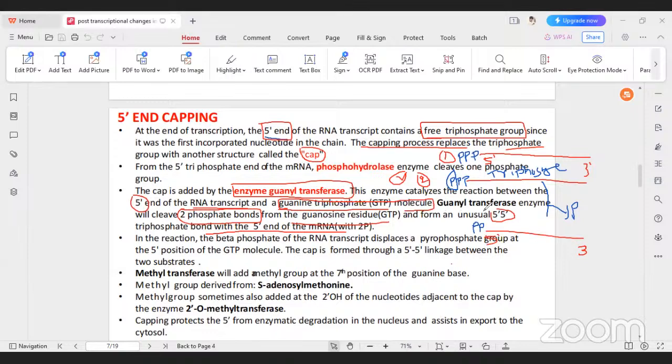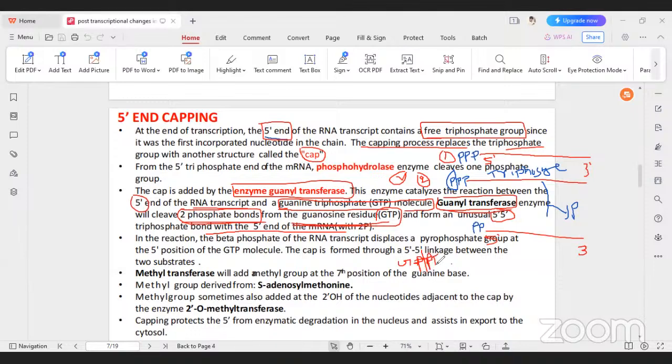The guanylyl transferase enzyme cleaves the two-phosphate bond from the guanosine residue. Here there are already two phosphates on the mRNA, and GTP means triphosphate.